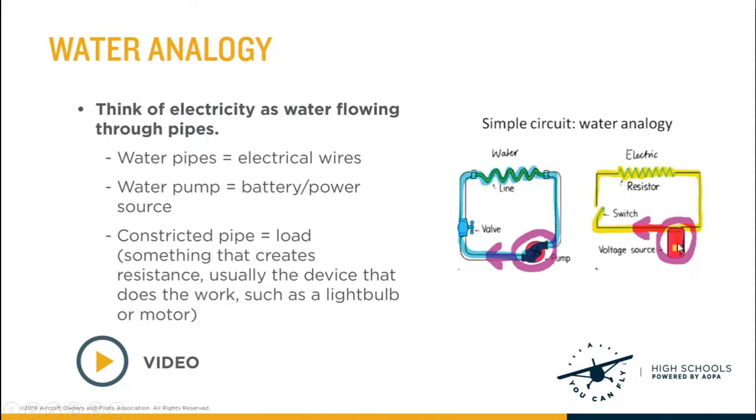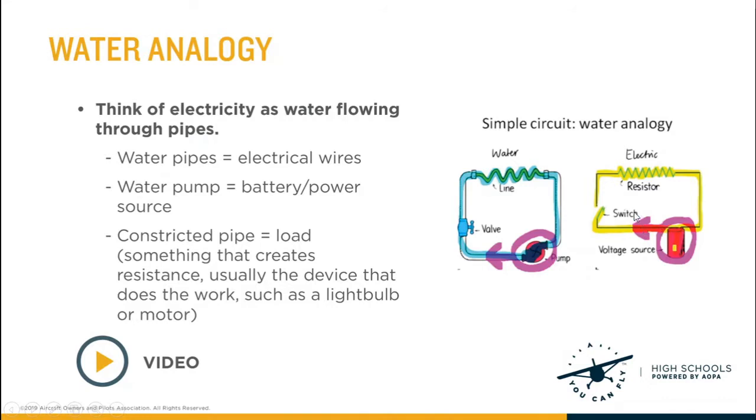So you have a battery which pushes electrical current through what we call a circuit. So in a water line, if you have a big, wide pipe, that means there's very little resistance. A lot of water can go through. And if you have a skinny pipe, then not very much water can get through. There's a lot of resistance.